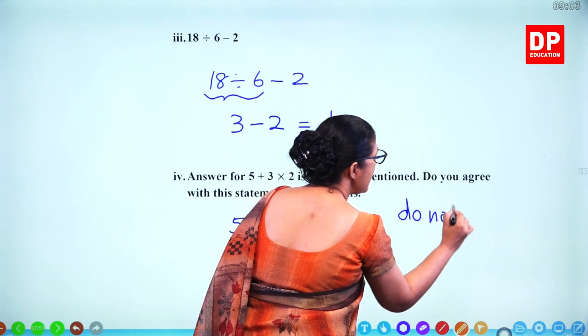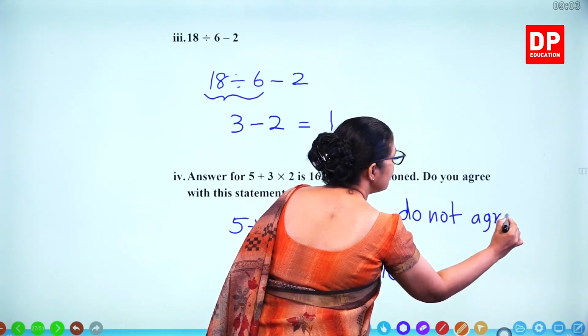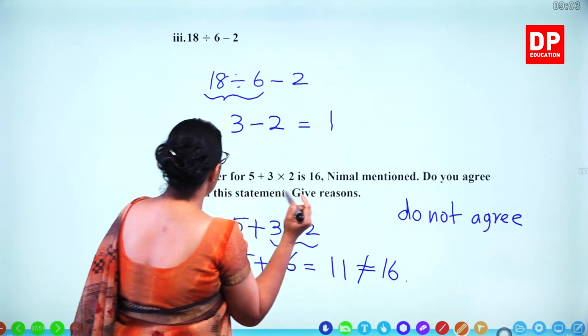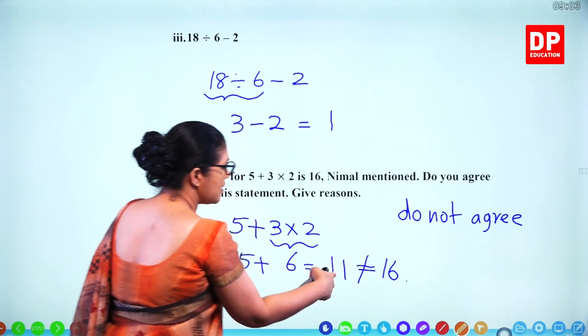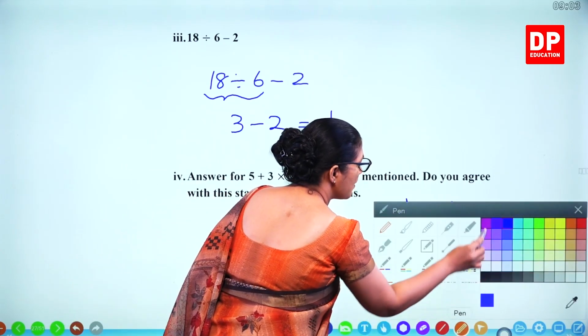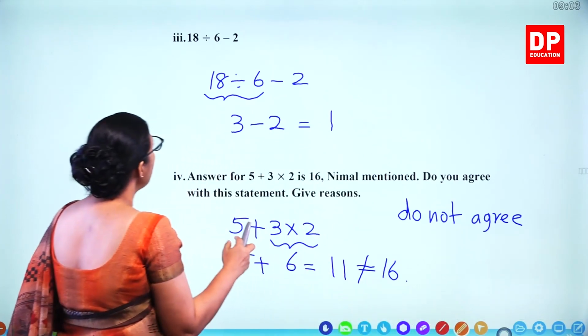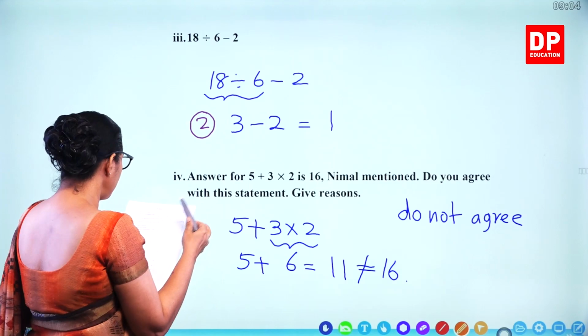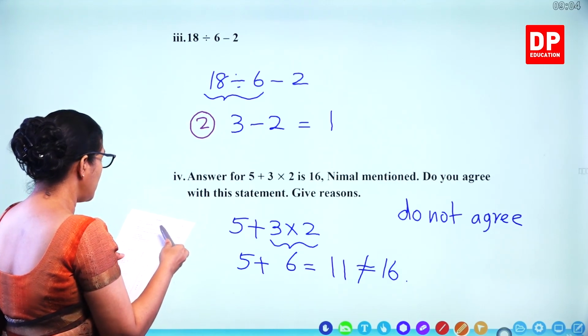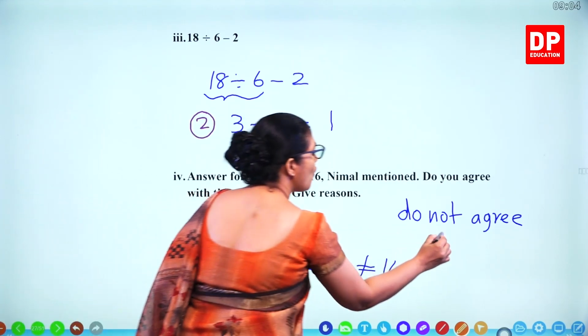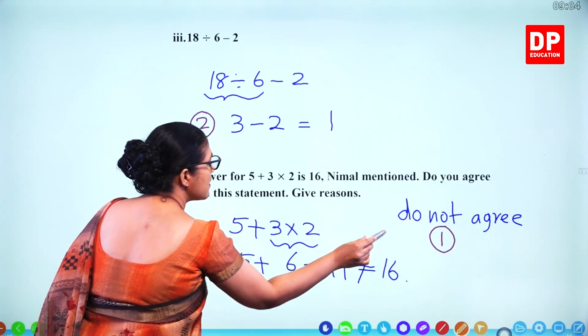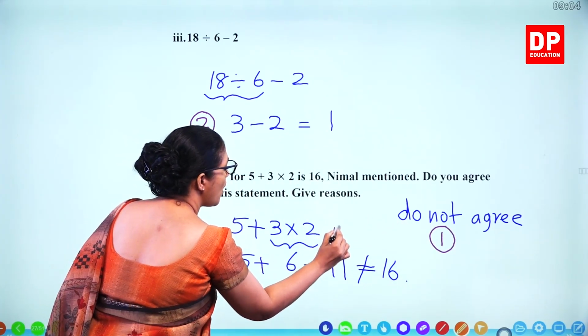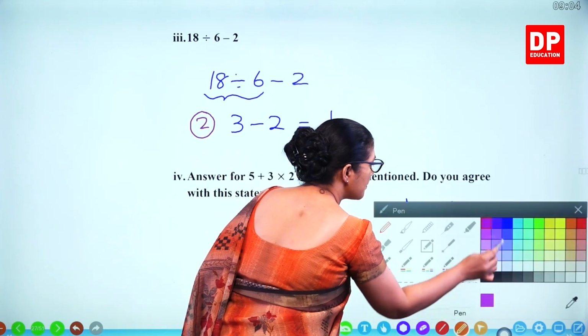Do not agree, and give the reason. The answer should be 11. So how many marks for this one? 2 marks. And this one, 2 marks. 1 mark for stating the statement is not correct and 1 mark for showing the workings.